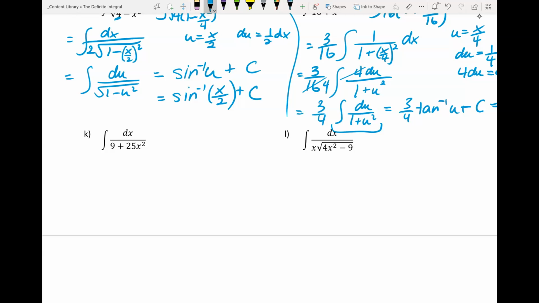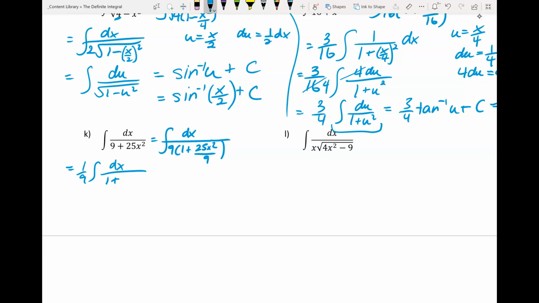The first thing I'm going to do is factor out that 9. I can move the 9 to the very front of my integral.